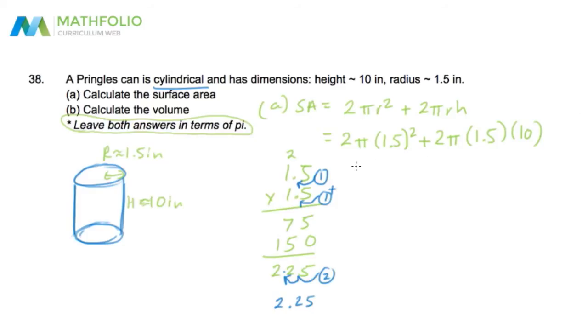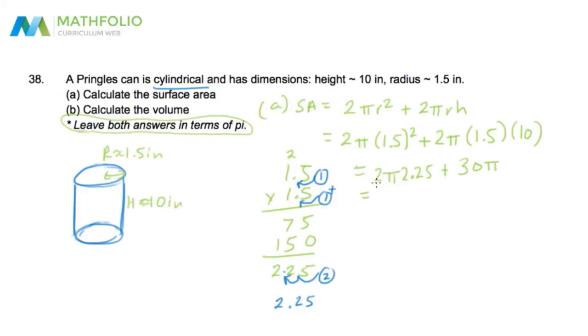Okay, so let's come back up here and continue. This equals 2 pi times 2.25 plus, well, 2 times 1.5 is 3, and then 3 times 10 is 30, so this is 30 pi.